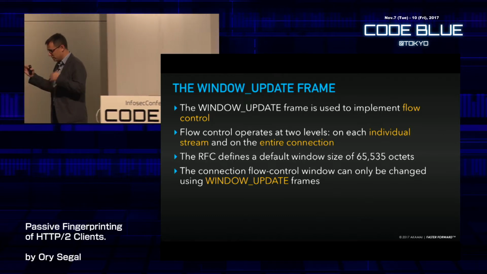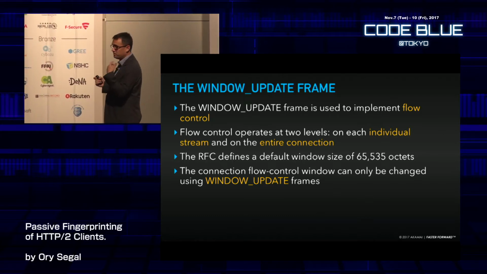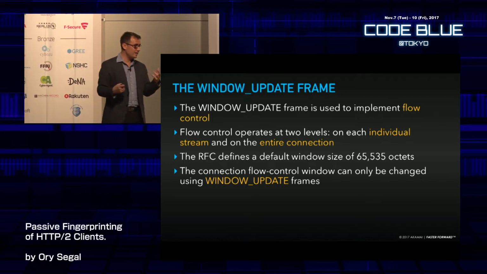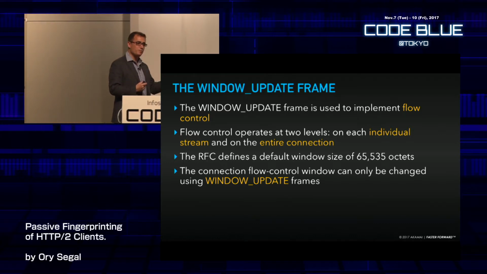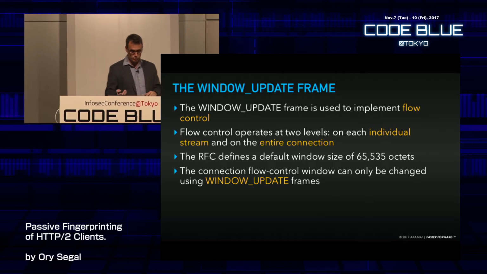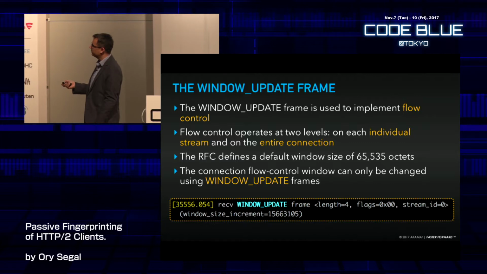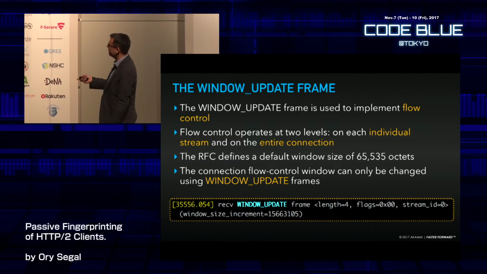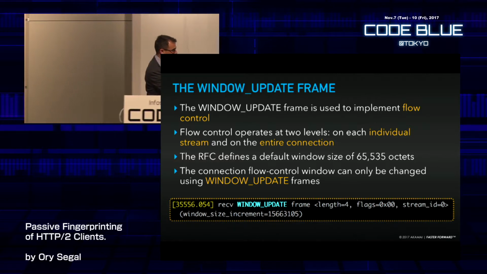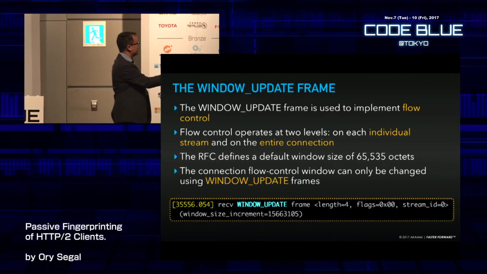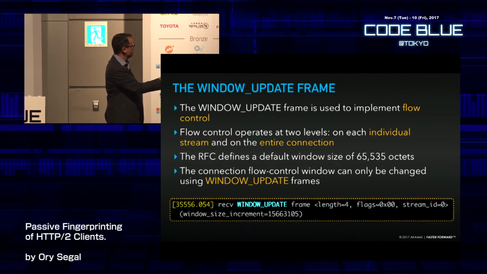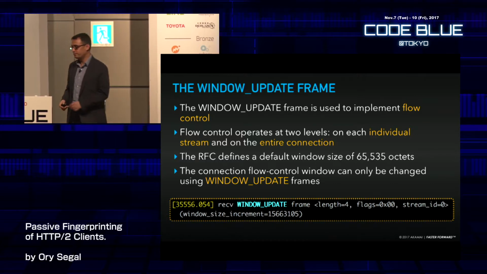Once the connection starts, the client can send or modify the initial window size using the window update frame. There's a dedicated frame that you can send. How does it look? Very simple. Again, I'm decrypting the binary. The window update frame has some stuff attached to it for stream ID 0, and then how much we want to increment the size of the window.